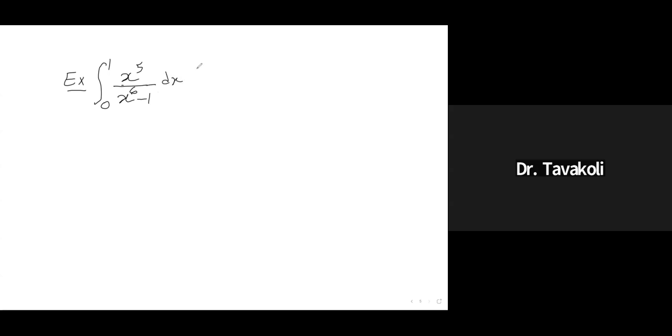The integral of x to the 5 over x to the 6 minus 1, and x runs from 0 to 1. At the end, I should decide whether it is convergent, and I enter the value here, or just divergent.